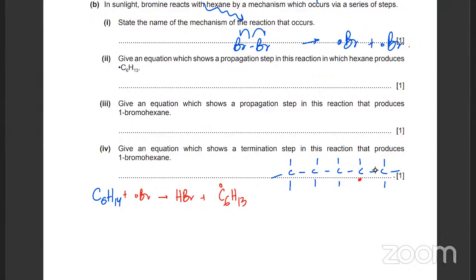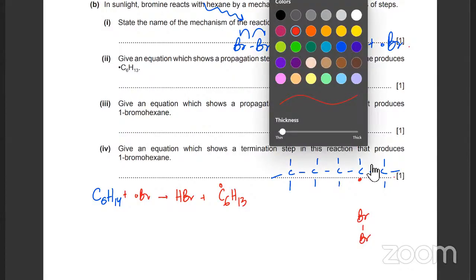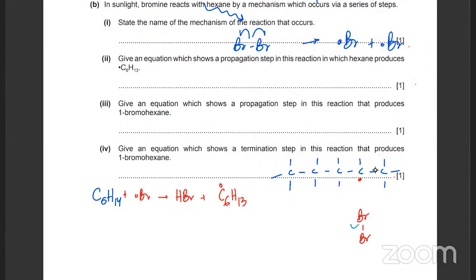Now what that radical does is it tries to complete its bonds somehow. So if it sees a bromine molecule, it will try to steal that bromine molecule's bromine and try to bond with it. So the next step is that C6H13 radical will attack a bromine molecule whose bonds were complete, but it will steal one of the bromines.